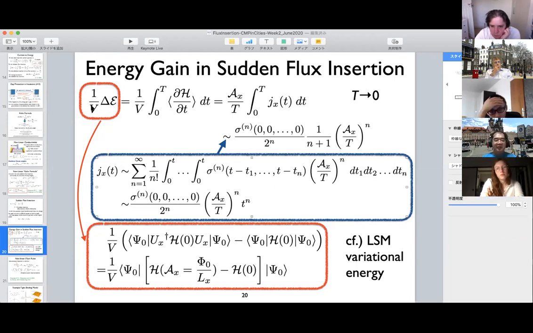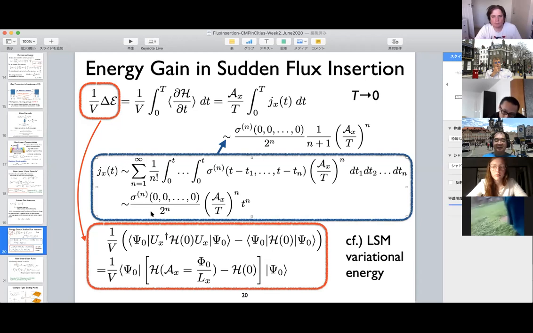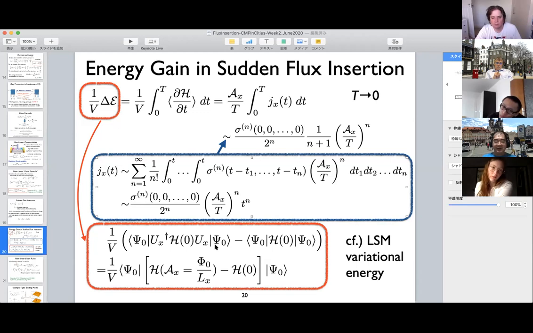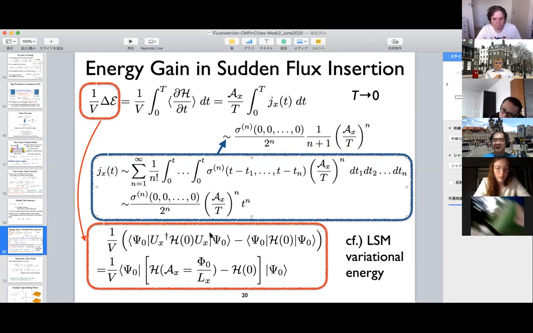And on the other side of the equation, I need an energy increase caused by the sudden insertion of the flux. But actually, this has a nice expression, because as I said, after the sudden insertion of the flux, and then large gauge transformation, the state wave function becomes u times the original ground state.